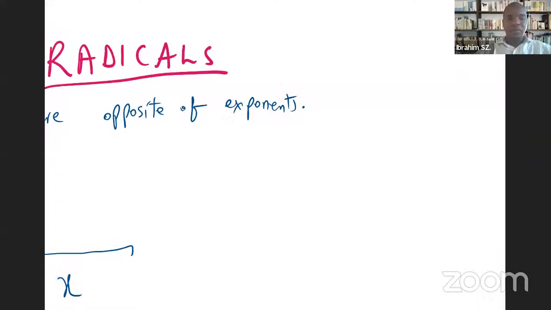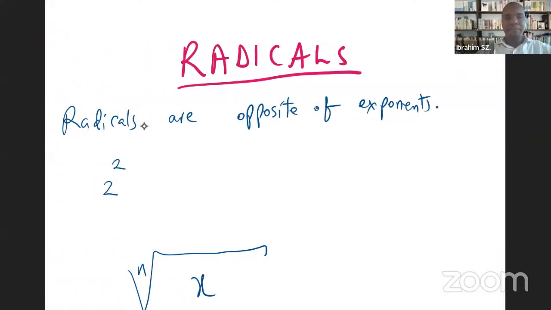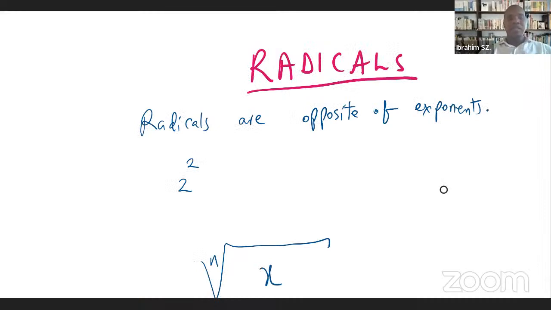Sasa tukizungumzia radicals, actually ni opposite of exponents. Kama mtakumbuka kwenye discussion ya exponents, tulizungumzia kwamba in exponents, for example, here we have 2 power 4 which is 16.